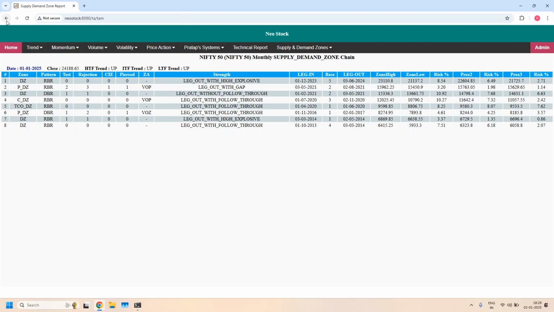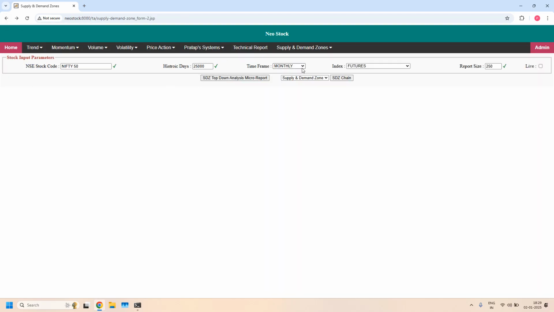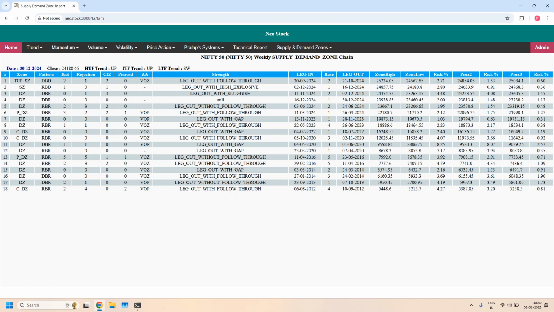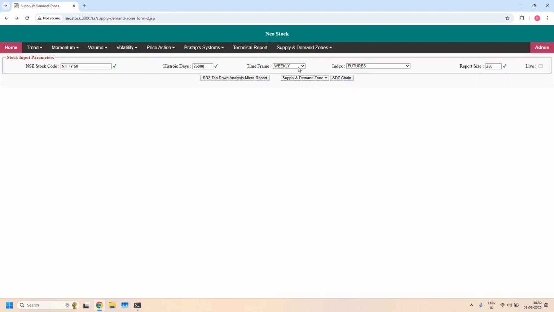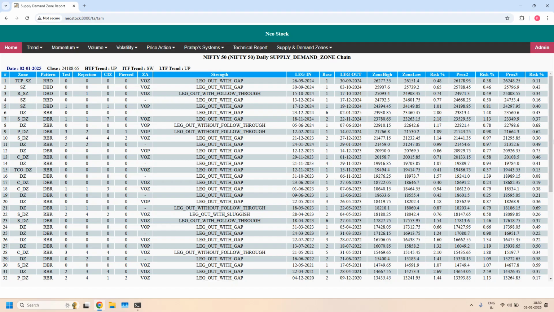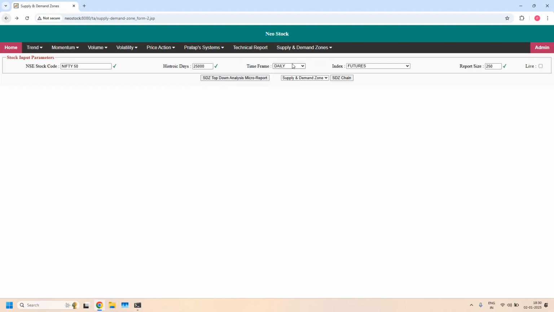Okay, next. Weekly supply demand zone chain for NIFTY. Next, daily supply demand zone chain for NIFTY. Next, 125 minutes supply demand zone chain for NIFTY.